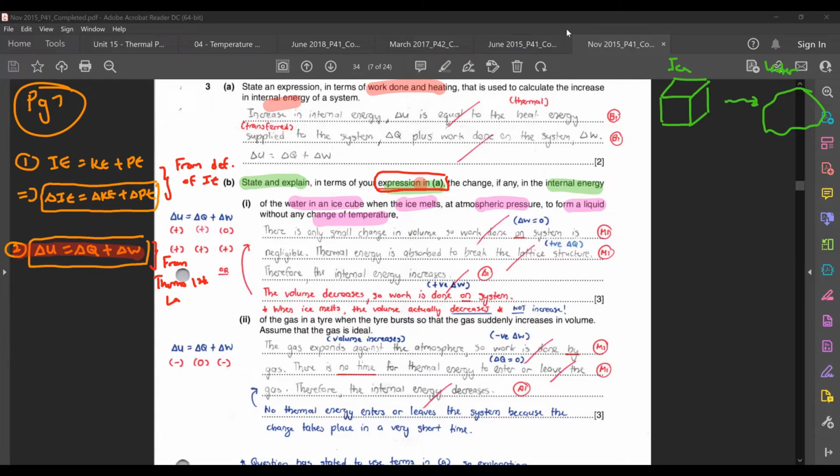If I tell you that the ice is 1 kg, your water will also be 1 kg, right? Correct? But the point I want to make here is this. Is the volume of ice going to be the same as the volume of water when it melts? The answer is no, actually.